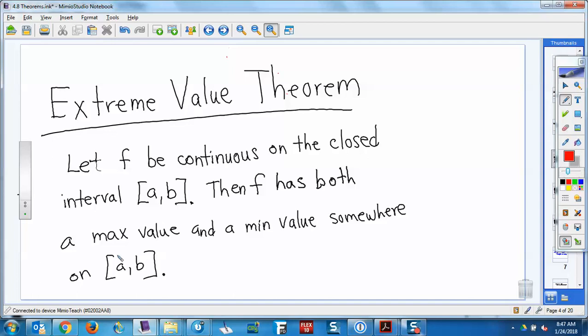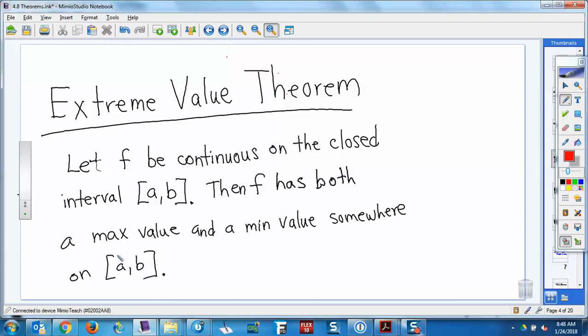If f is continuous on a closed interval AB, then f has both a max value and a min value somewhere on AB. The if part is typically called the hypothesis, and the then is the conclusion. Now you're going to be asked some questions on your homework about both the hypothesis and the conclusion.